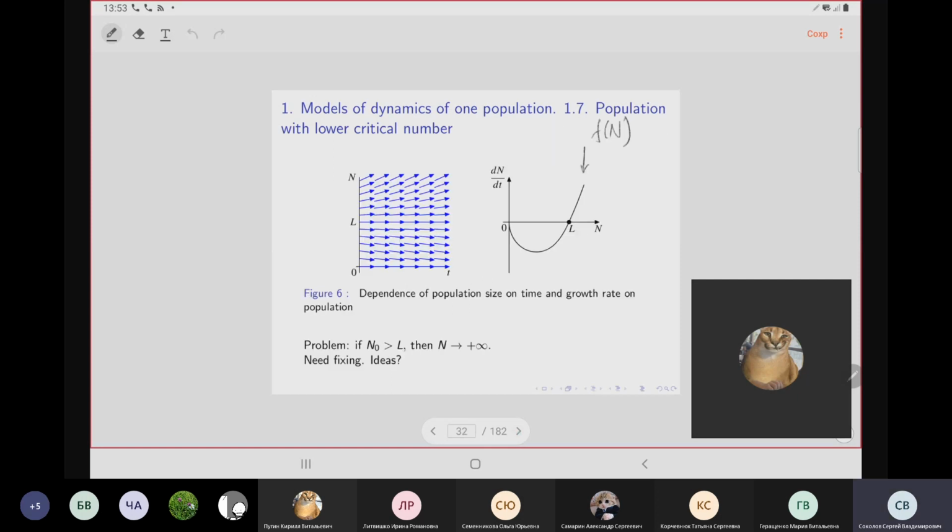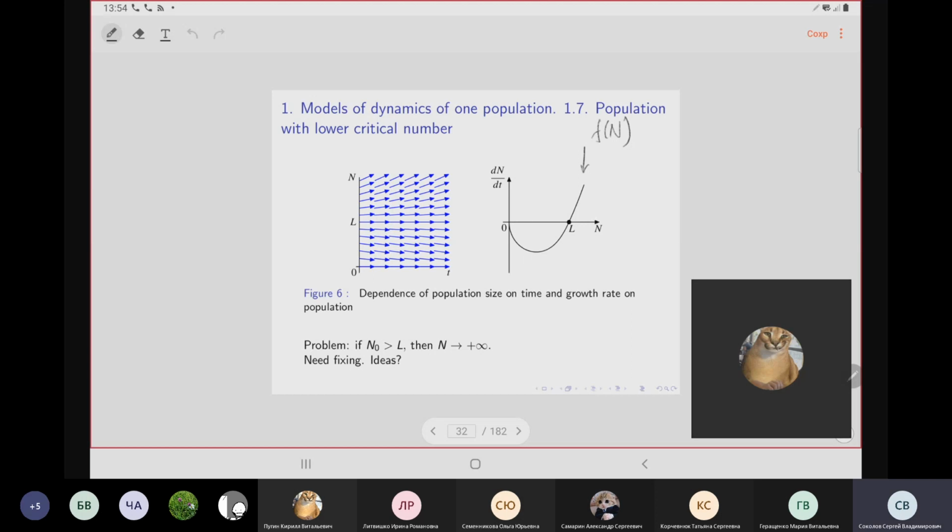What do we see? We can easily calculate it. It is not a problem. If the point L is positive, then we have the following picture.